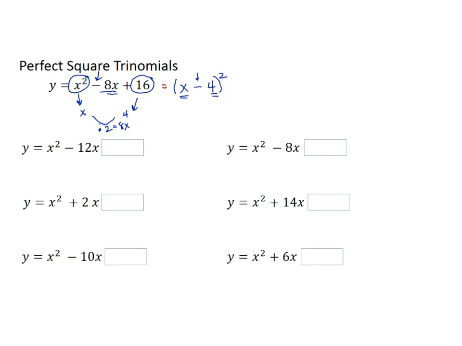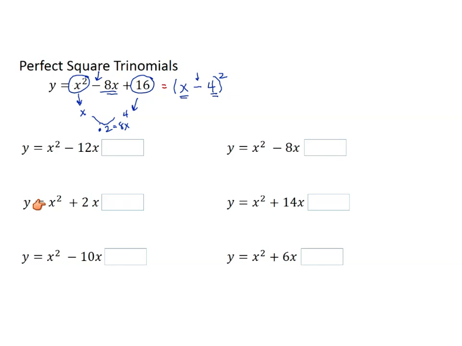If we look at this perfect square trinomial, the one that we've already dissected and factored, if I take this middle term and divide it by 2, then I get this number. But if I take this middle term, divide it by 2, and then square it, I get this number.